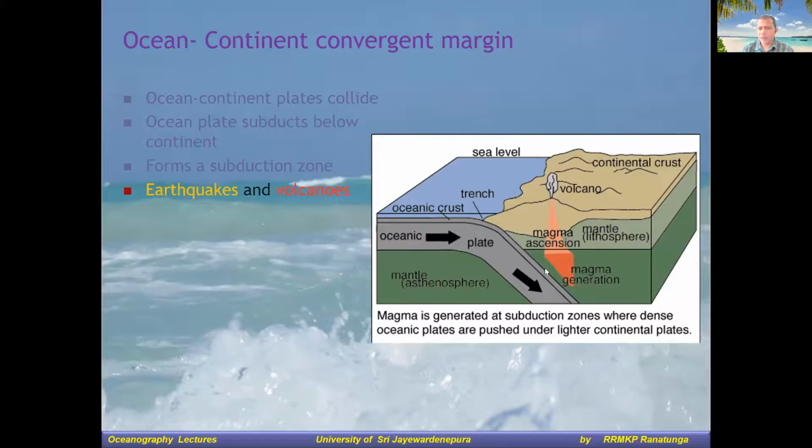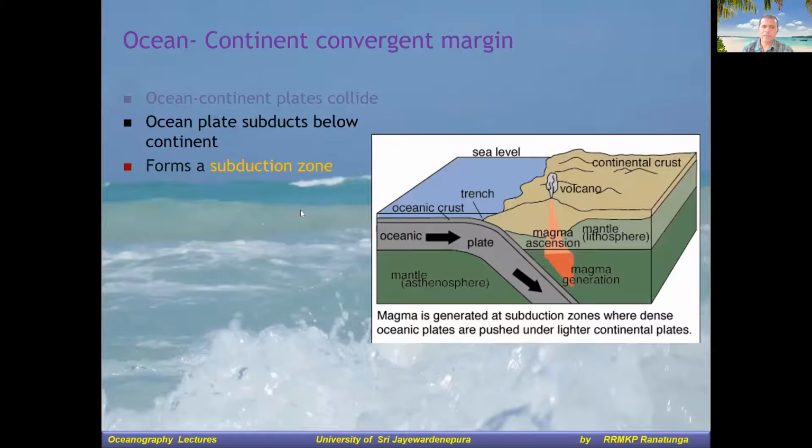And this kind of zone where the oceanic crust goes underneath the continental crust, we call a subduction zone, right? It's called a subduction zone because it's going underneath the continental crust, and that area we call a subduction zone, where the oceanic crust is consumed under the continental crust.